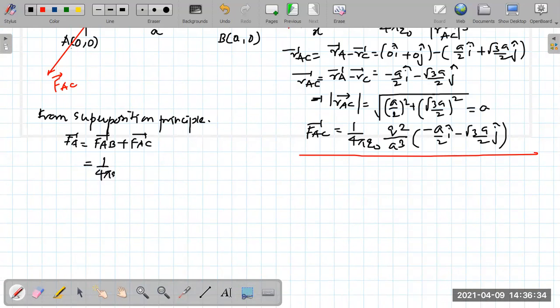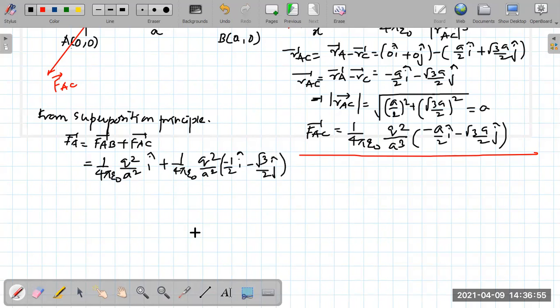1 by 4 pi epsilon naught q square by a square in I cap direction, plus 1 by 4 pi epsilon naught q square by a square into minus 1 by 2 I cap minus root 3 by 2 j cap. Is that right? Yes.